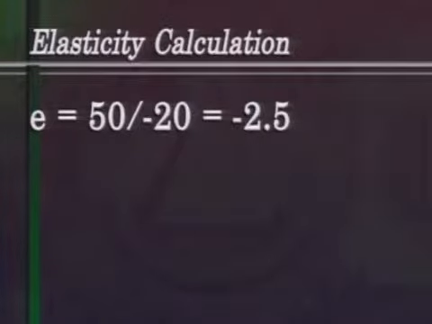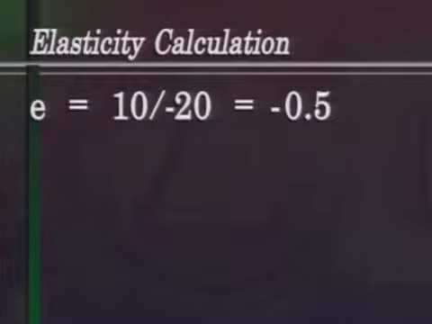The definition of price elasticity is simply the ratio of the percentage change in quantity demanded to the percentage change in the price. So for our first example, we compute the price elasticity by taking 50% divided by minus 20%, which is minus 2.5. In the second example, elasticity is computed as minus 0.5, which is 10 divided by minus 20.